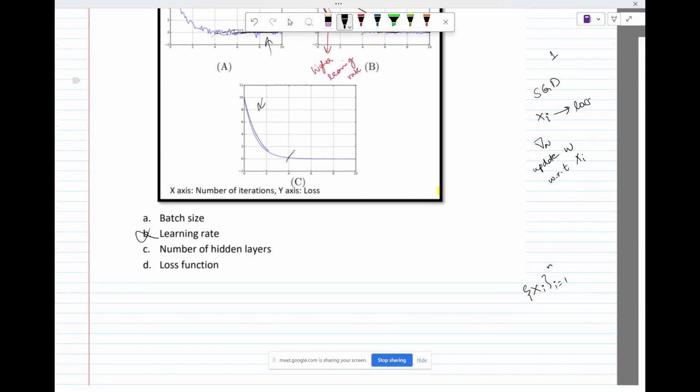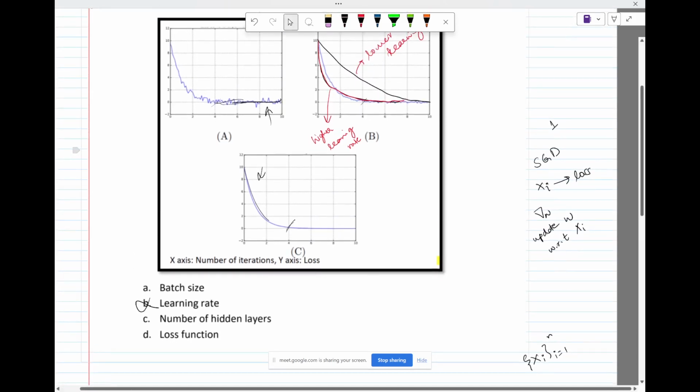The number of hidden layers. So if we increase the number of hidden layers, that means we have more parameters to tune. That means it will take more time for it to converge. So the same thing will happen. Like everyone might not converge at 4 iterations.